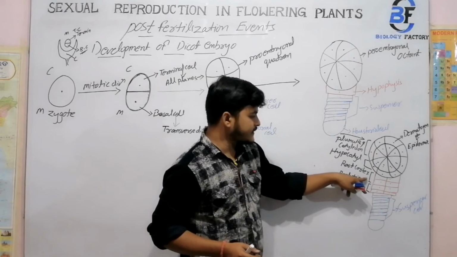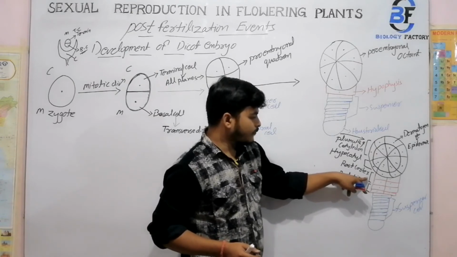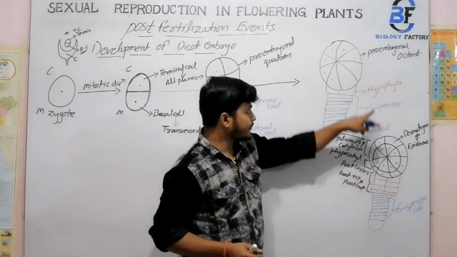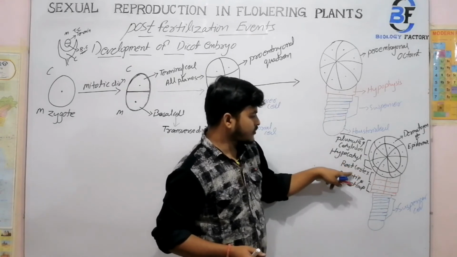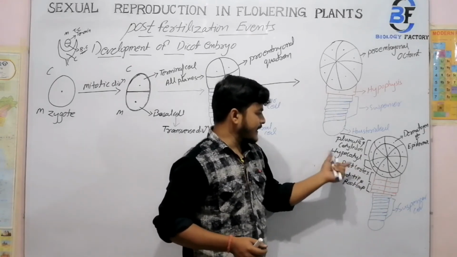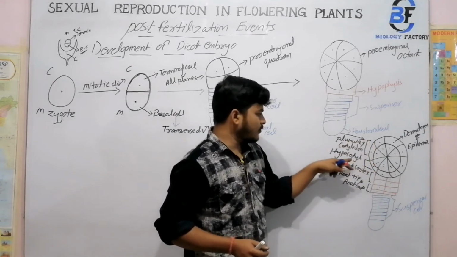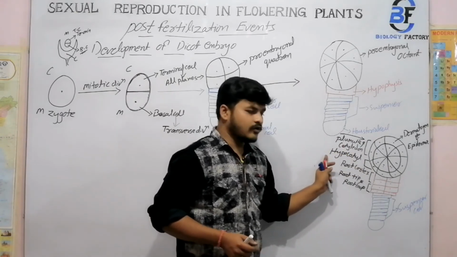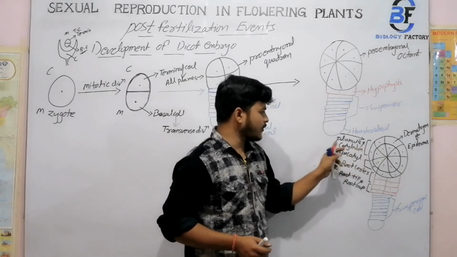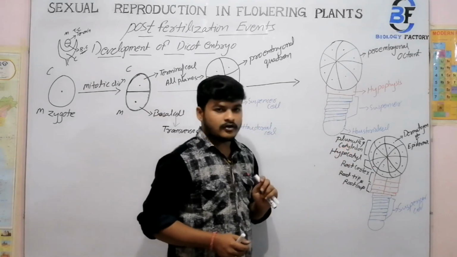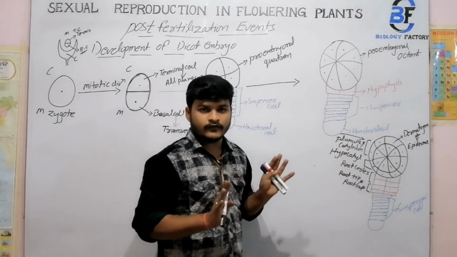Next, the cells attached to your proembryo form your root cortex. Next, in your proembryo, the lower 4 cells form your hypocotyl and the upper 4 cells form your plumule or cotyledon. I hope this is clear to all of you.